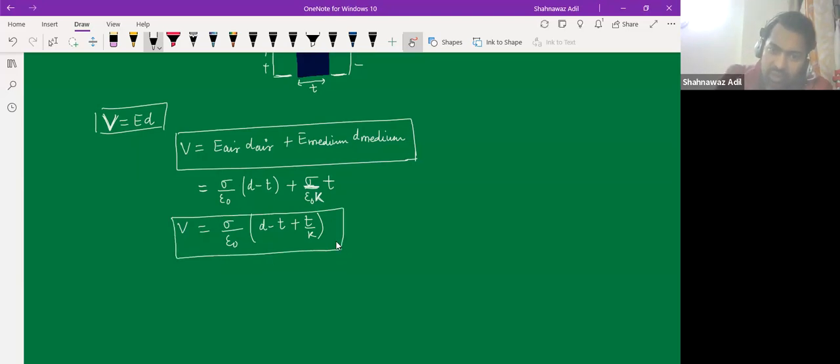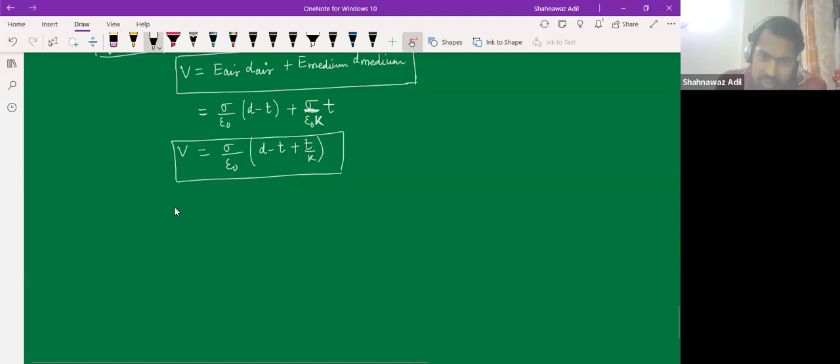Now how can we calculate the capacitance? So this is Q by V. So Q by sigma by epsilon naught times D minus T plus T by K. And we know that sigma is Q by A. So we can put this epsilon naught in here.